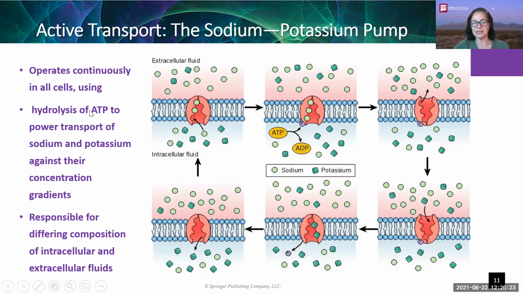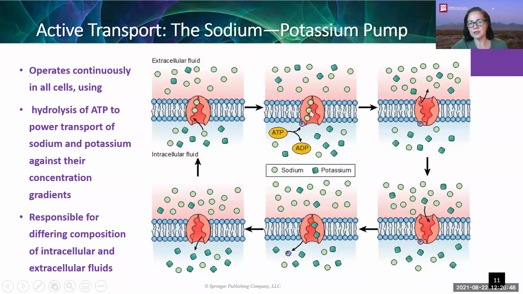So we hydrolyze ATP. That means we take, remember, ATP stands for adenosine triphosphate. It's got 3 phosphate groups, and we hydrolyze, meaning we take off one of the phosphate groups. Now we're down to ADP, adenosine diphosphate. So that process of hydrolyzing the ATP energizes, if you will, this molecule and allows it to change shape.